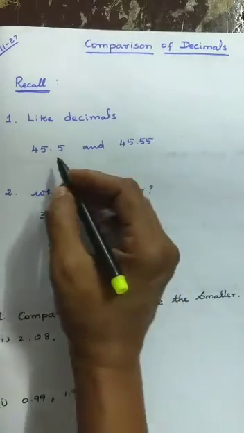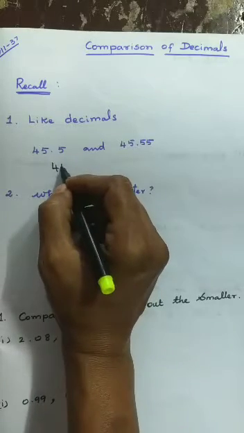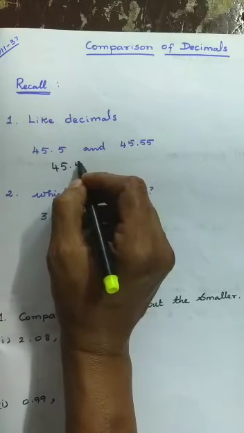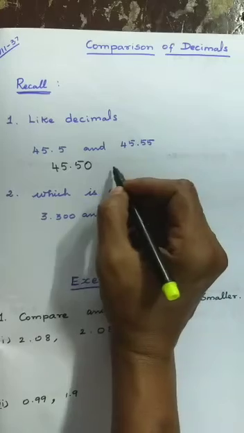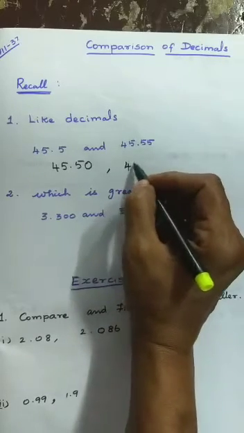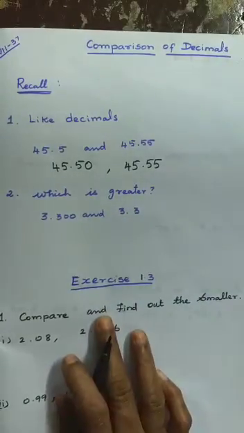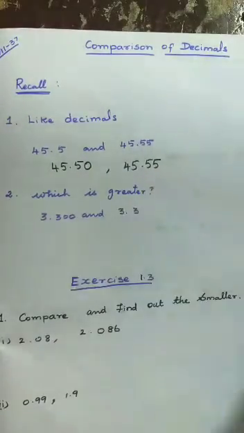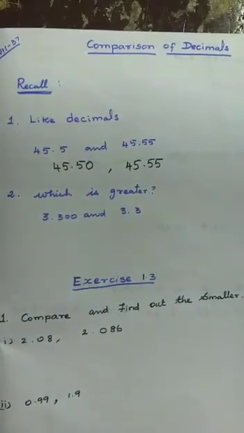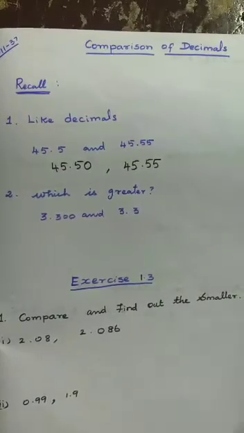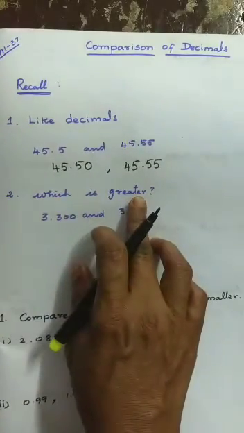To make like decimals, you have to add 1 zero after 5. Then here also we have 2 digits after the decimal. These two are like decimals now. Then say which is greater.